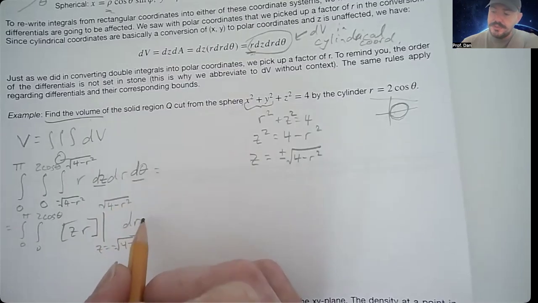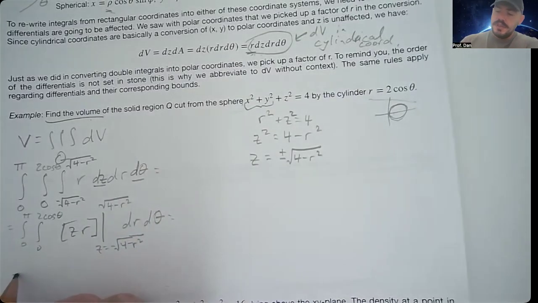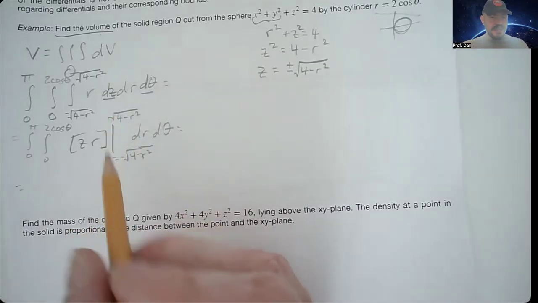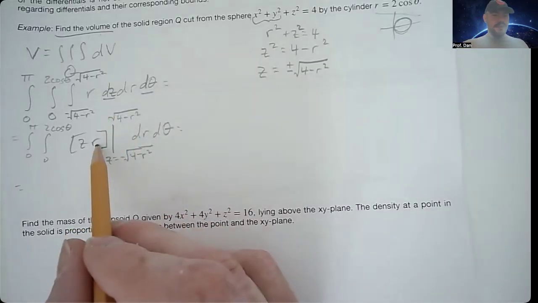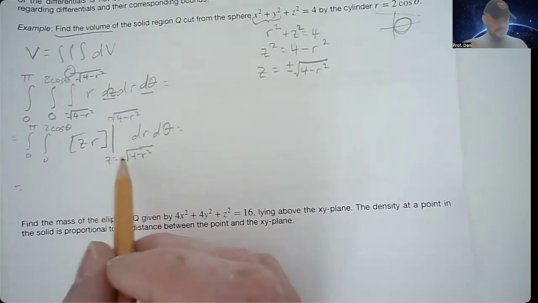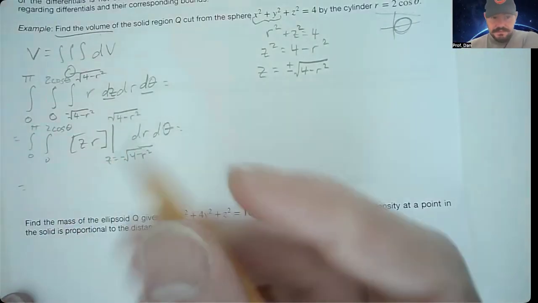Then we integrate with respect to r, then theta. Now when I plug these in, what's going to end up happening is I'll have r times that square root minus negative, so plus r times the square root. So really I get two of them.